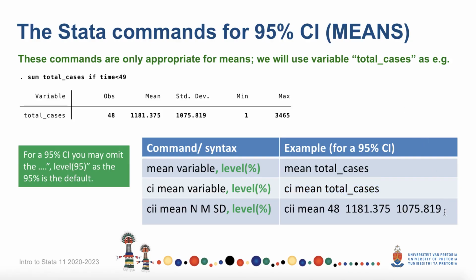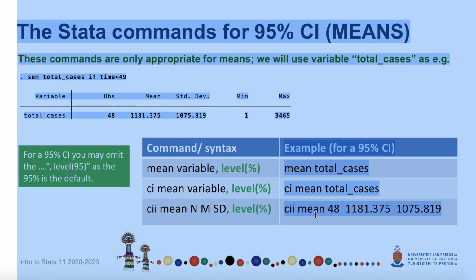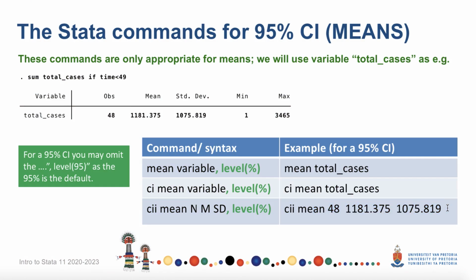This third command is the one that you use when you actually don't have data loaded in Stata. So you want an immediate command, you're going to go and give Stata the numbers. You're first going to give n, the sample size. Then you give the mean, which we know to be 1181.375.